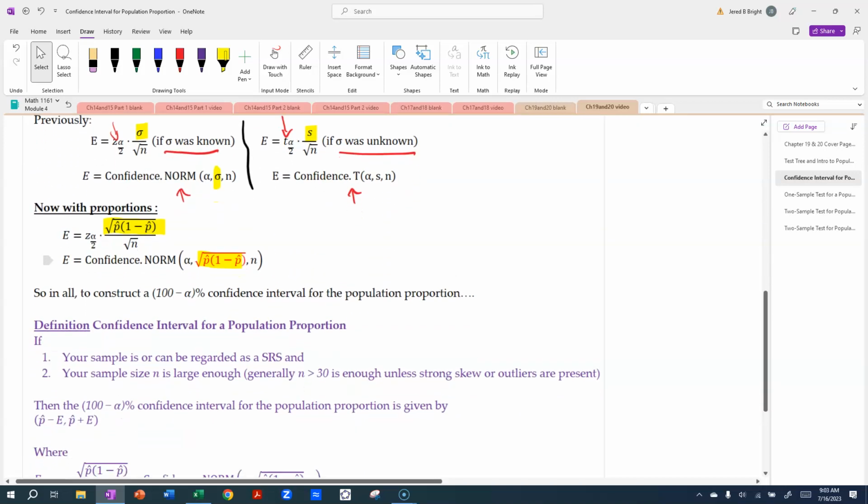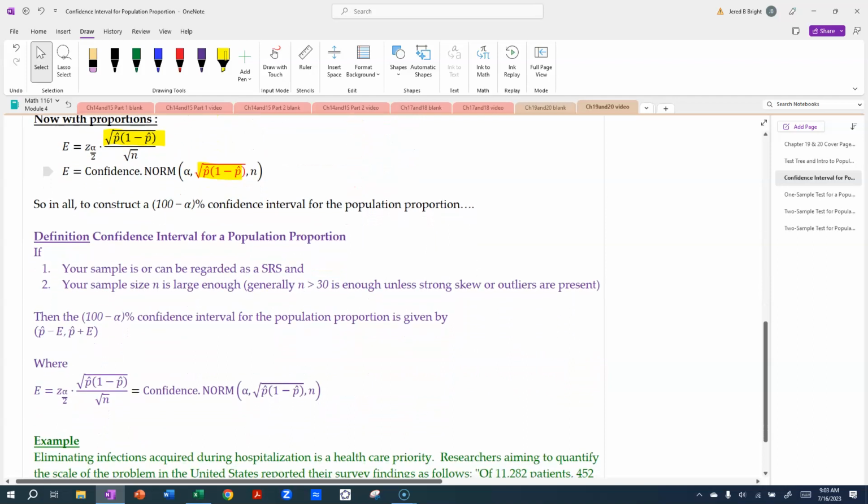So just to recap, I did not talk about conditions. These are really easy to satisfy, but we have to have a sample that's an SRS, or approximately an SRS, and we have to have a large enough sample size, so generally at least 30. If we do have strong skew or outliers, we should check normality, which would be a better condition.